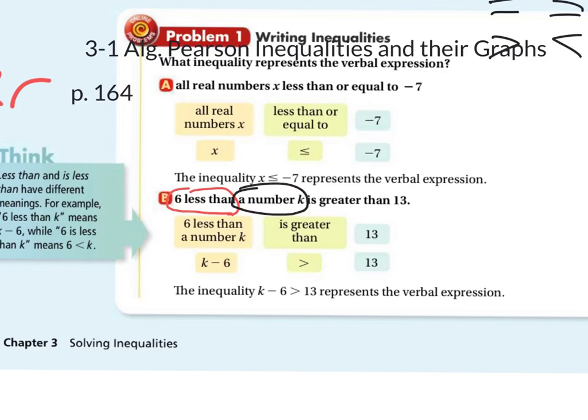It's 6 less than a number k, so we're actually going to do k minus 6. You might think about what's 6 less than 10. 6 less than 10 would be 4, right? So you did 10 minus 6. In the same way, we'll do k minus 6 here.